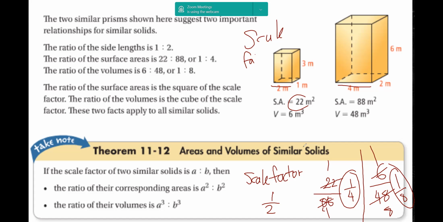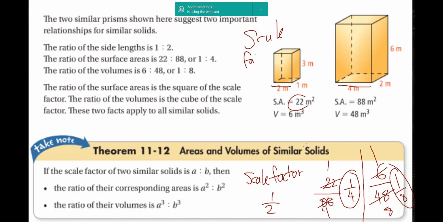In the previous problem, we have to check if the solids are similar or not. To check, we have to write all the dimensions. If all the dimensions are proportional, I can write the scale factor.